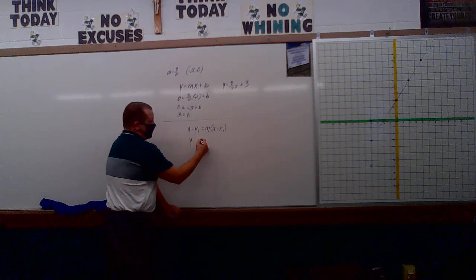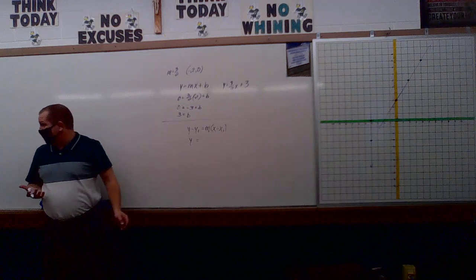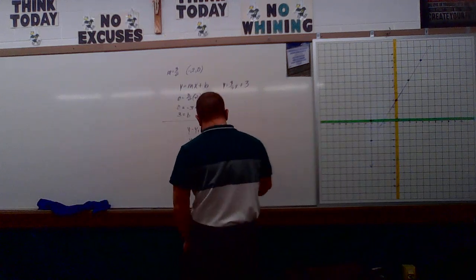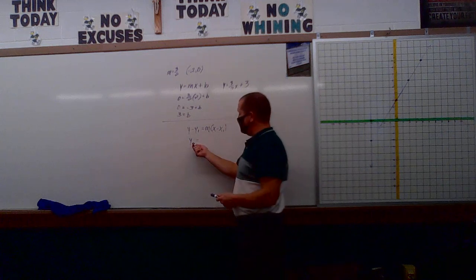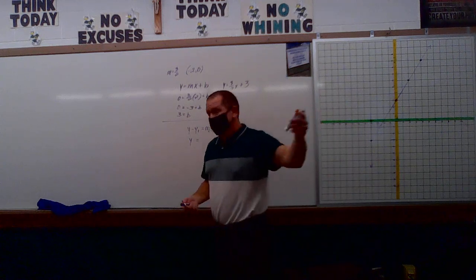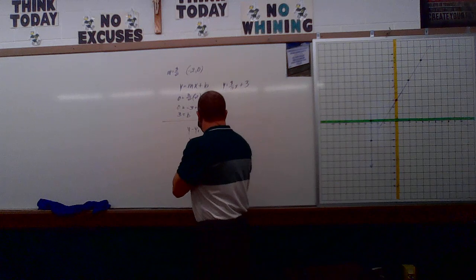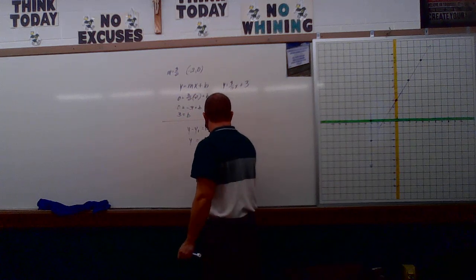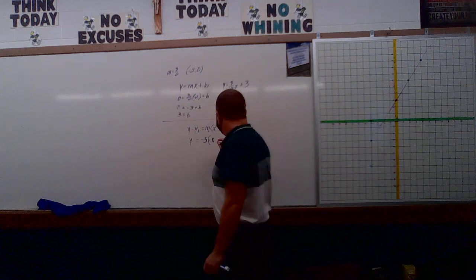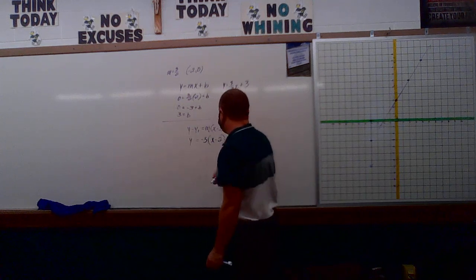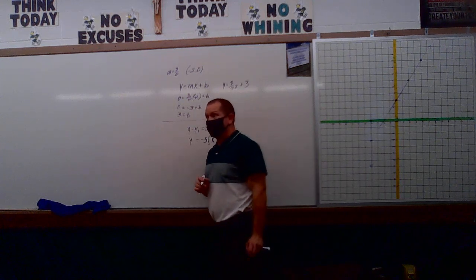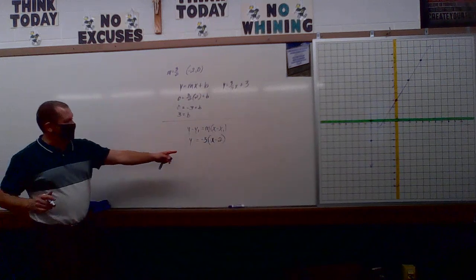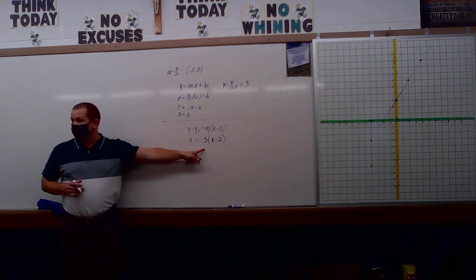So I have y minus 0, or I just have y. Any chance that I have to use a point that has 0 in it, it's really nice. We didn't really have a choice here, so they made it easy on us. And then my m is -5, and my x in this case is what? +2, so it ends up x minus 2. And then if I'm going to write it in slope-intercept form, all I have to do to this problem is what?